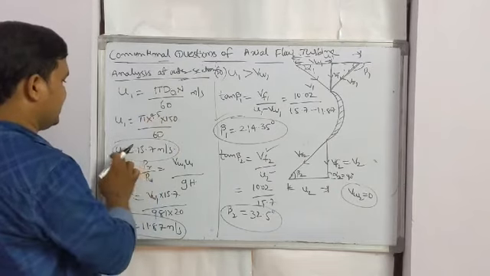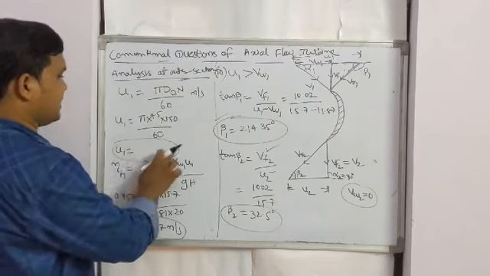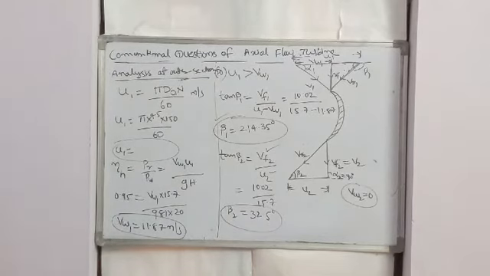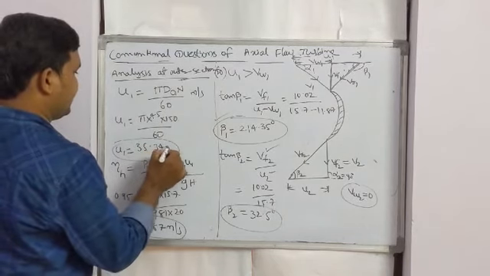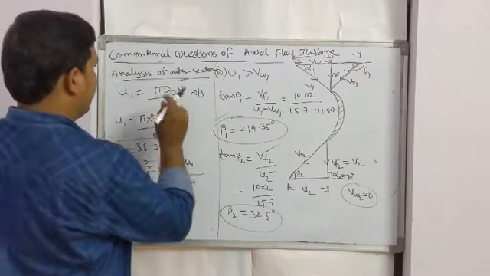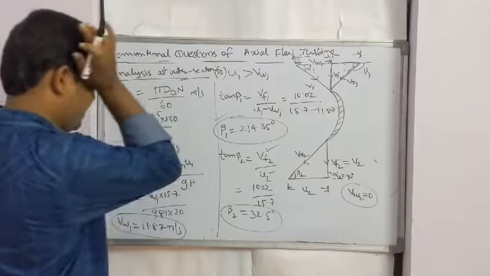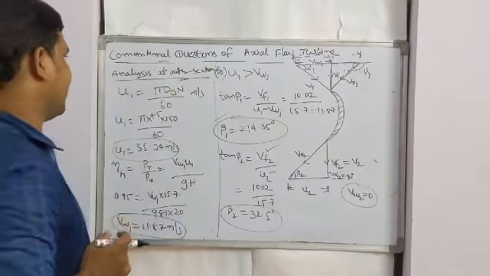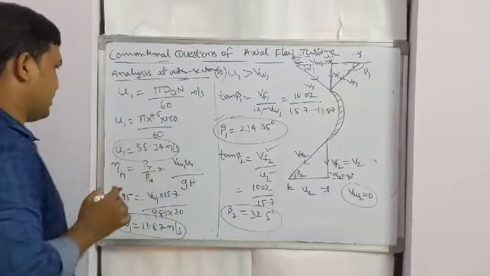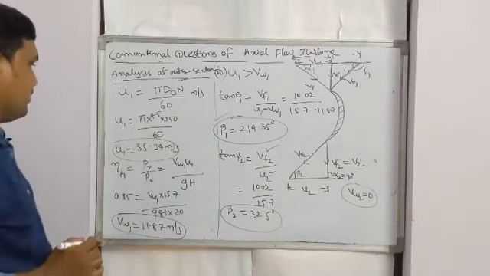By substituting this, U1 is a different answer, 35.34 meters per second. In the previous section we considered the hub section, that's why we used the hub diameter. In this section we consider the outer section, the tip section, so that's why we are using the outer diameter.